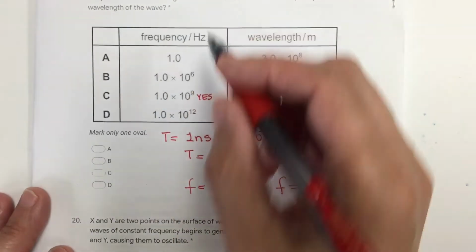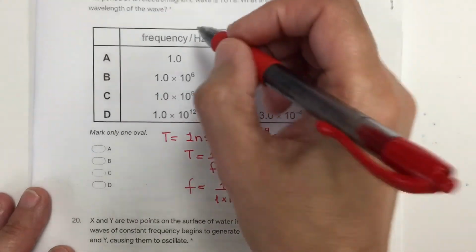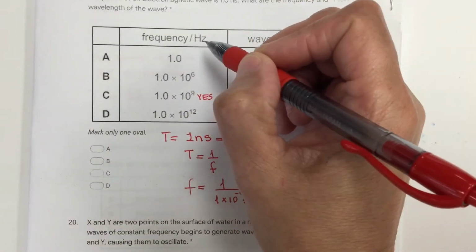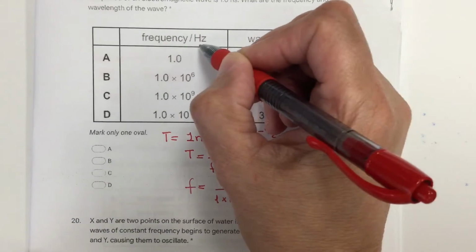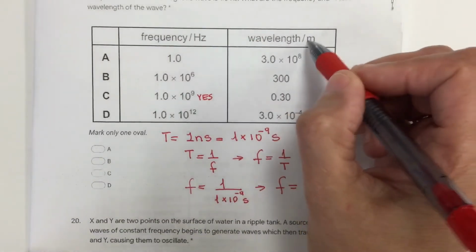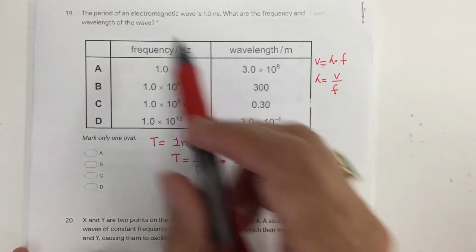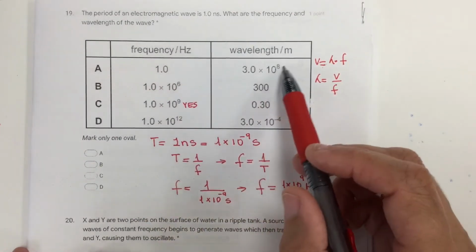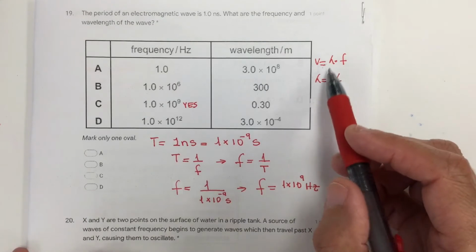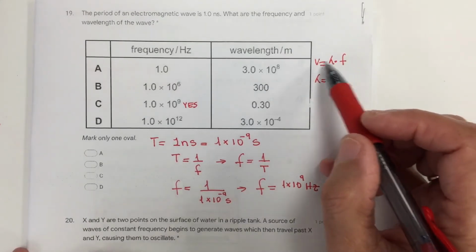This dash is not over hertz, it's just explaining the unit for frequency is hertz, and here the unit for wavelength is meter.